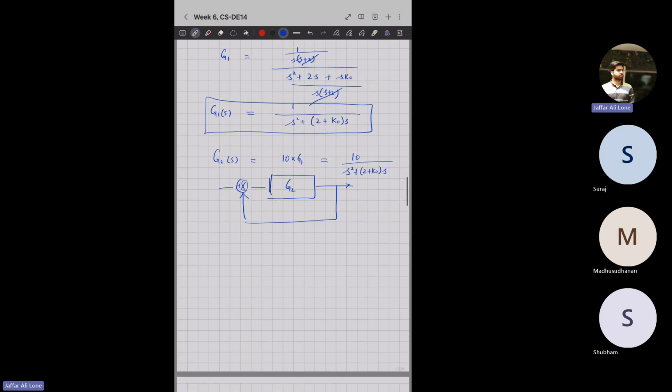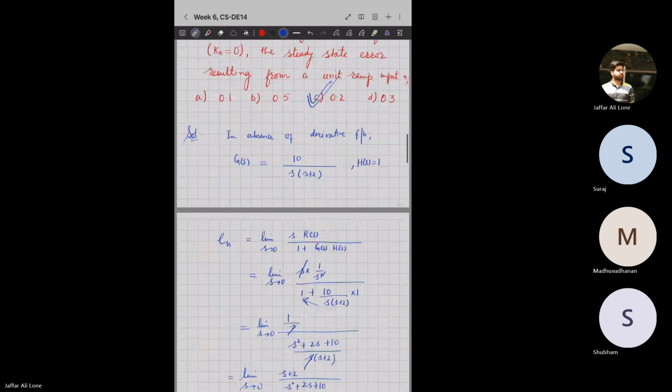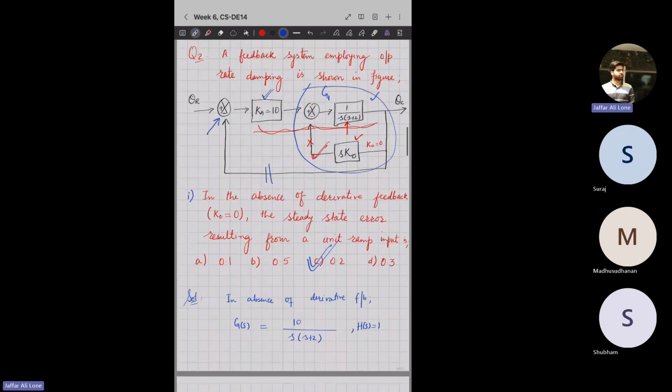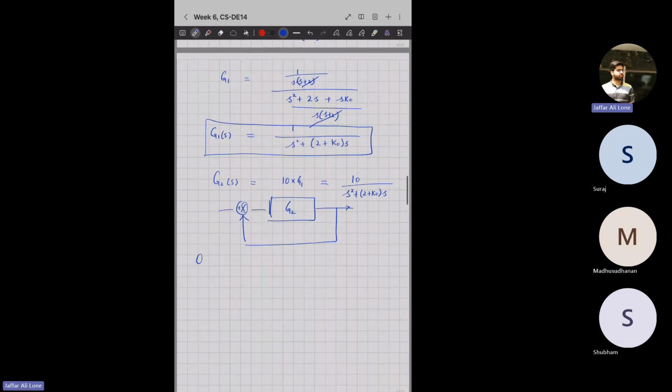So let's assume my output is theta C and input is theta R. So my theta C over theta R will be G2 divided by 1 plus G2 into 1.